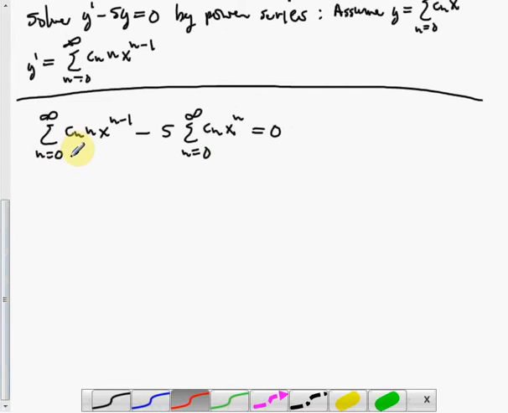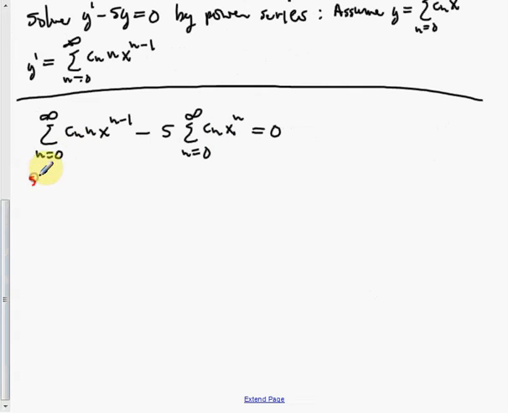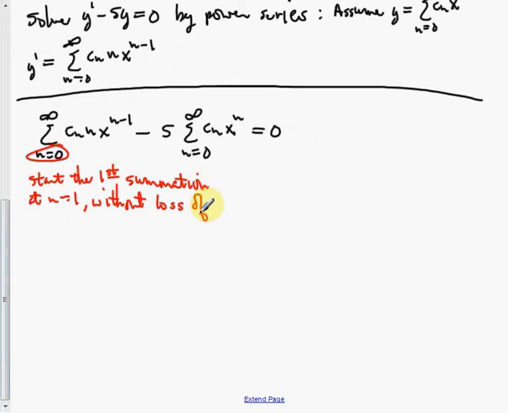So it's safe to say here that I can start the first summation at n equal to 1 without loss of generality.